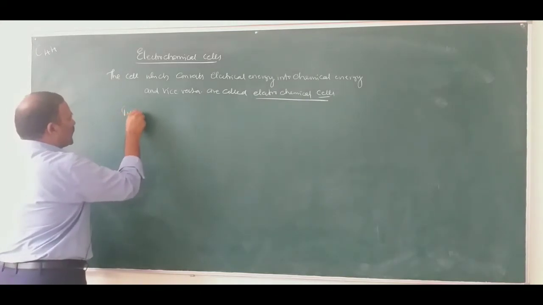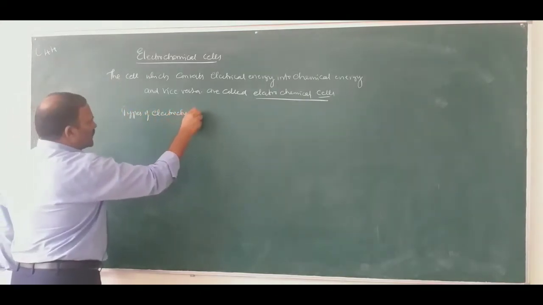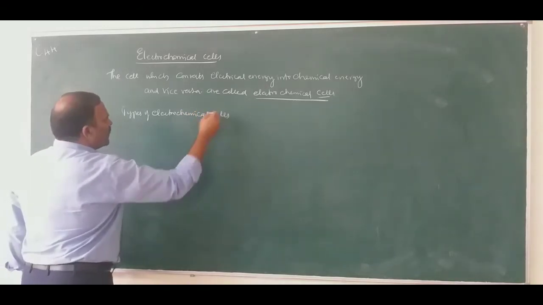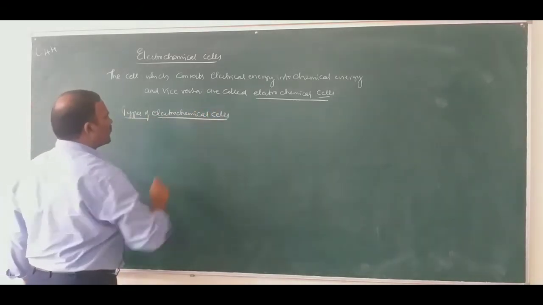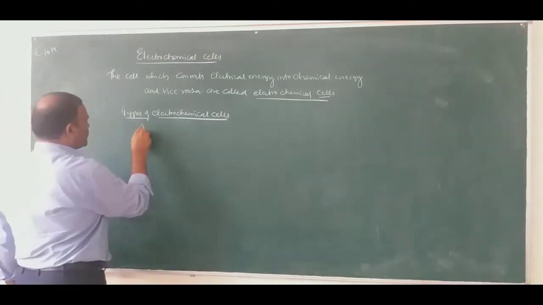So coming to the types of electrochemical cells. Electrochemical cells are of two types.